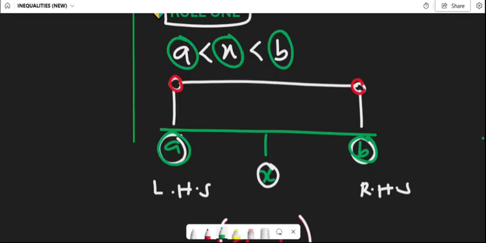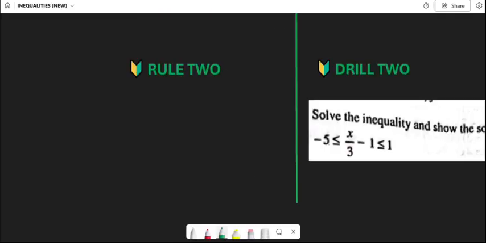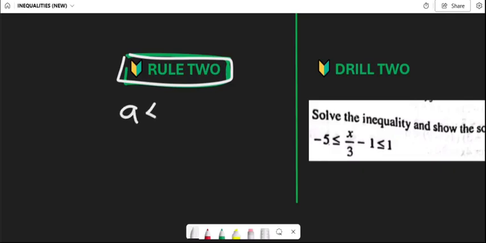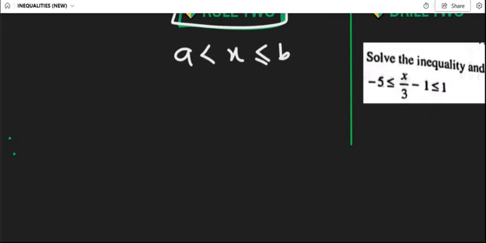So let's consider another rule, which is our rule 2. In rule 2, let's consider another case in which we have a less than x, then less than or equal to b. If I want to represent this on a number line, how do I do this? Very simple.